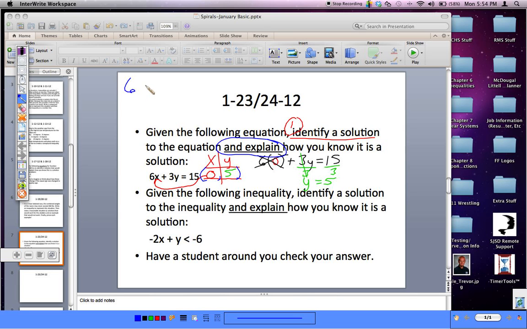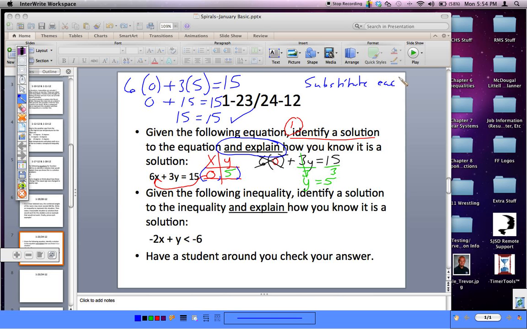If I show this substitution, 6 times 0 plus 3 times 5 equals 15. 6 times 0 is 0, plus 3 times 5 is 15 to equal 15. 0 plus 15 is 15, and that equals 15, and that is my explanation for how I know it's a solution.